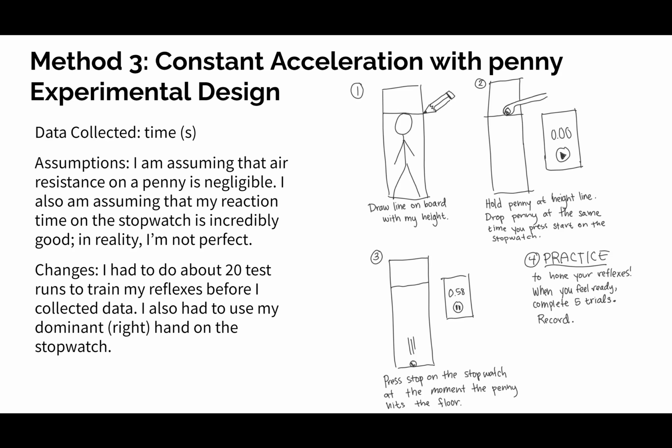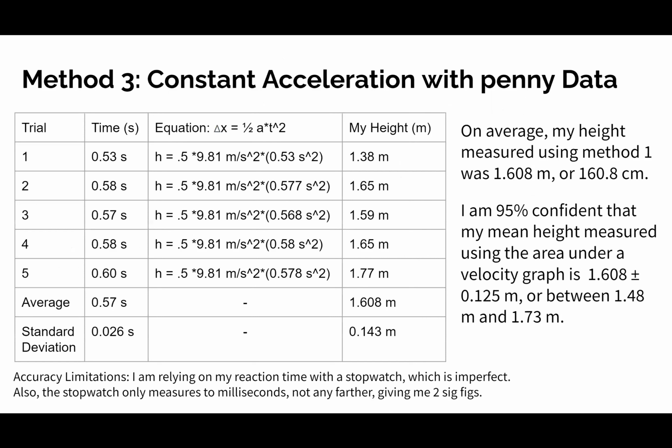I also assumed that my reaction time on the stopwatch was good, when in reality, I'm not perfect, so I know that this isn't going to be an amazing measurement. I also had to use my dominant hand for the stopwatch. I originally tried doing the stopwatch with my left hand and dropping the penny with my right, and that was terrible. So I used my dominant hand on the stopwatch.